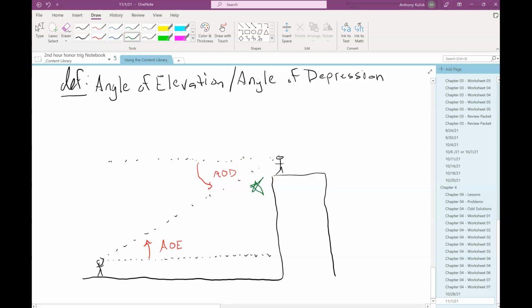Remember, it's always from the line of sight to the new line of sight. So it's never going to be inside of the triangle that we form between the vertical wall, the ground, and the other person. What can we say about this angle of depression, this angle of elevation, geometrically?